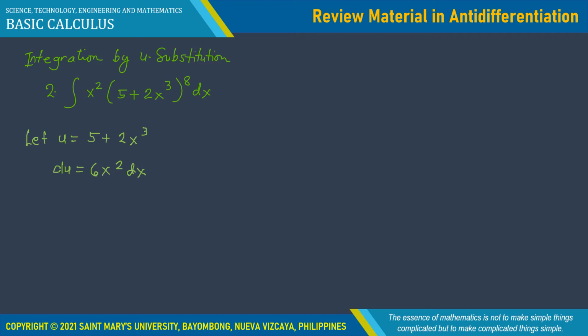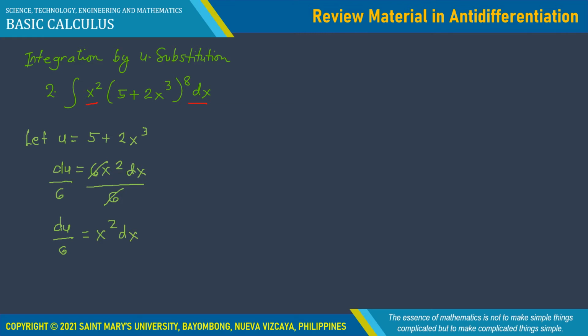Pero kung makikita ninyo, doon sa ating given, ang meron lang ay x squared dx. So, dapat tanggalin din natin yung 6. So, same process, i-divide lang natin both sides by 6. So, makakancel na dito. Okay, so magiging du over 6 equals x squared dx.